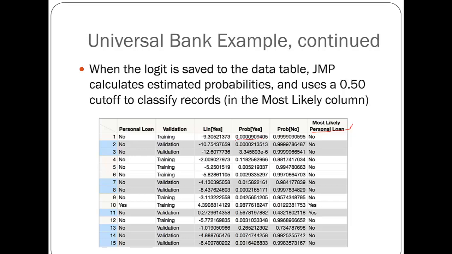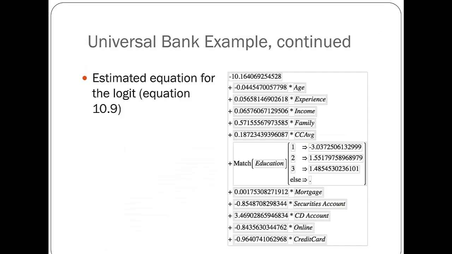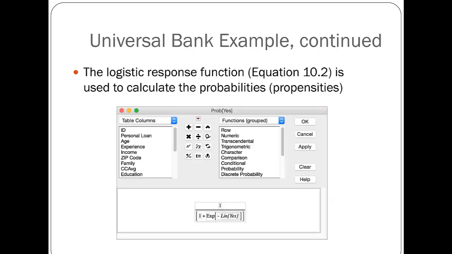So we have probability of yes, probability of no. These two things should add up, and anytime the probability is greater than 50%, looks like that's the first one, then this is estimated to be a yes. In JMP we can see what the estimated equation is for the logit, and basically what I just wrote out. You can see where this probability of a yes comes from.